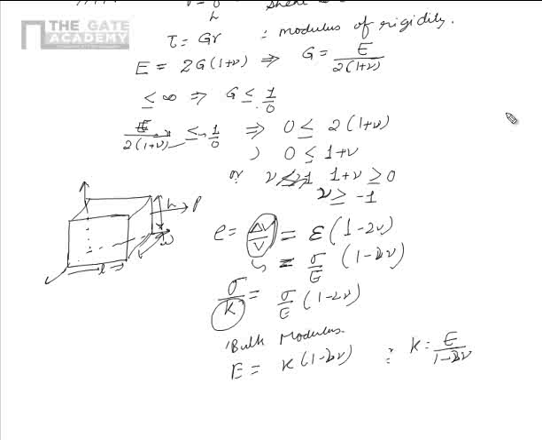Now you see, this relationship also provides us one interesting limit, or rather a method to figure out a limit on the Poisson's ratio.